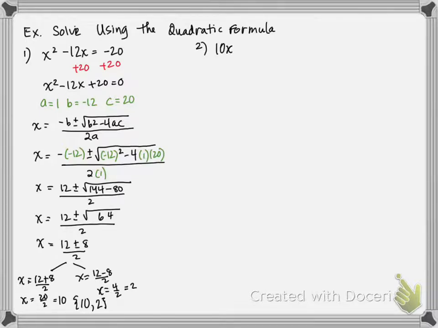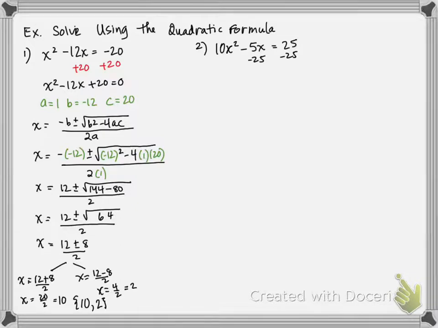So we have 10x squared minus 5x equals 25. So now we have a bit of a problem here. First thing is we've got to subtract 25 from both sides. Can you imagine if we had to do completing the square on this? Divide everything by 10, cut in half a fraction.